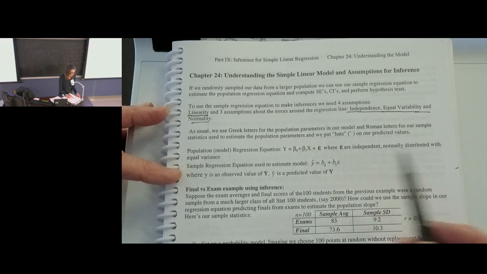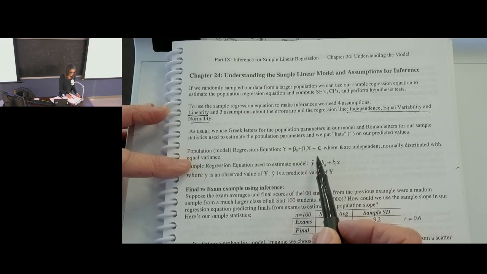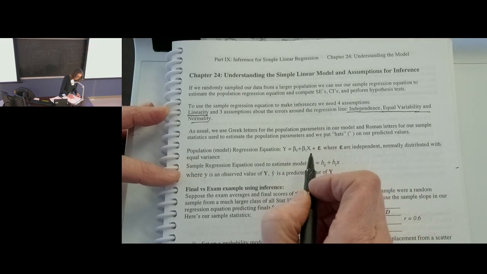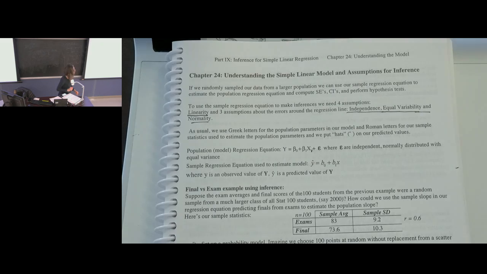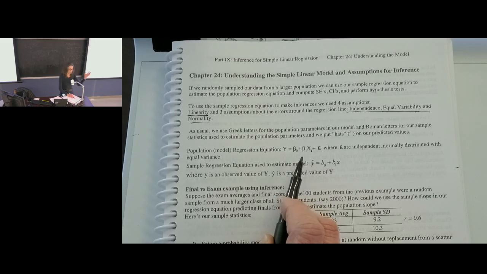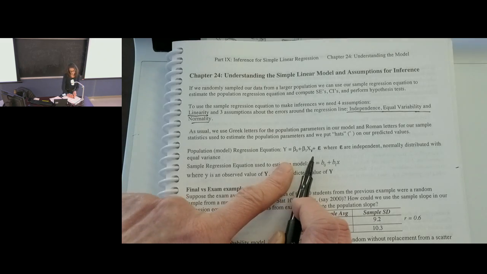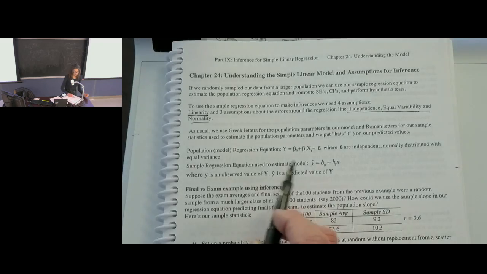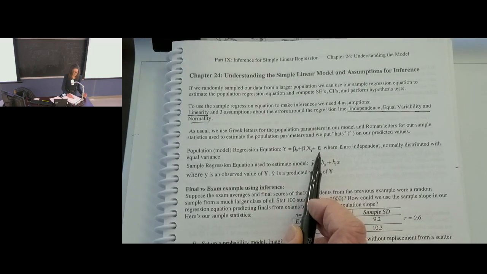So our model right now has just 1 x. In the whole population, we're using these Greek letters, beta, instead of the b's, plus error.